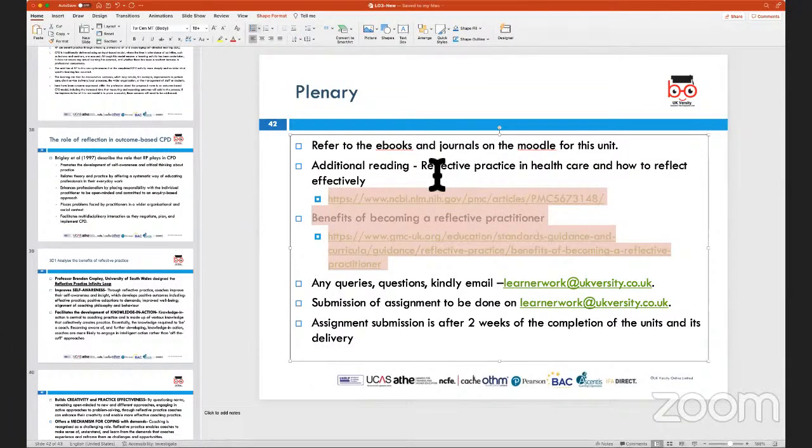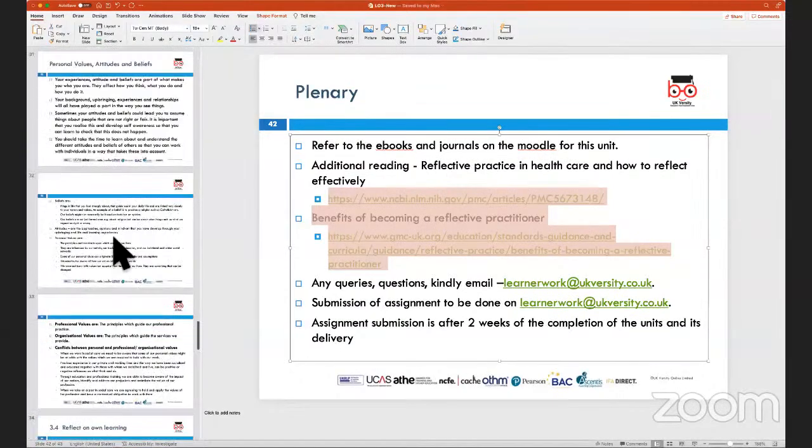And I would suggest that you read these articles so that you get a bit more understanding of how reflective practice is used as a technique within health and social care to ensure that quality of care is maintained, the standards are met, and also ensuring integrated care is provided to patients.